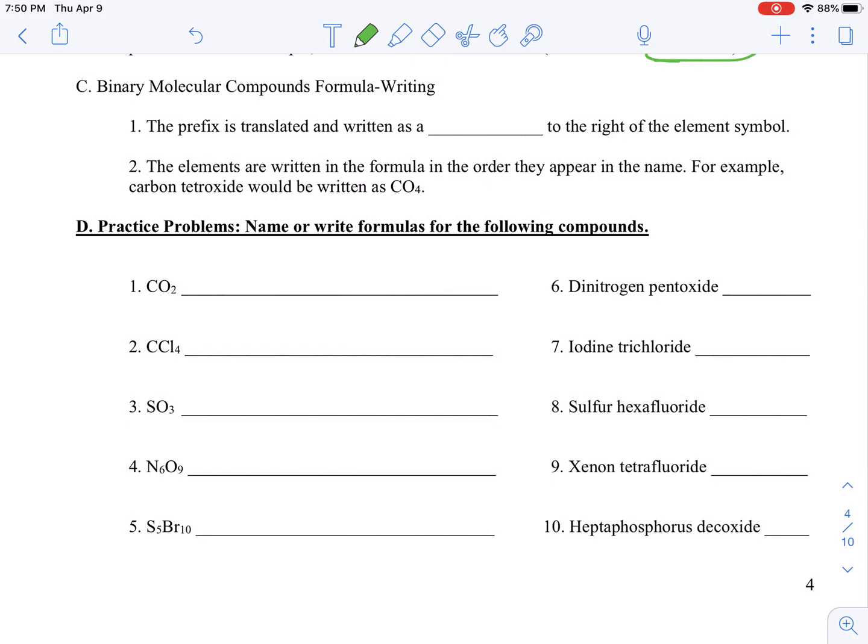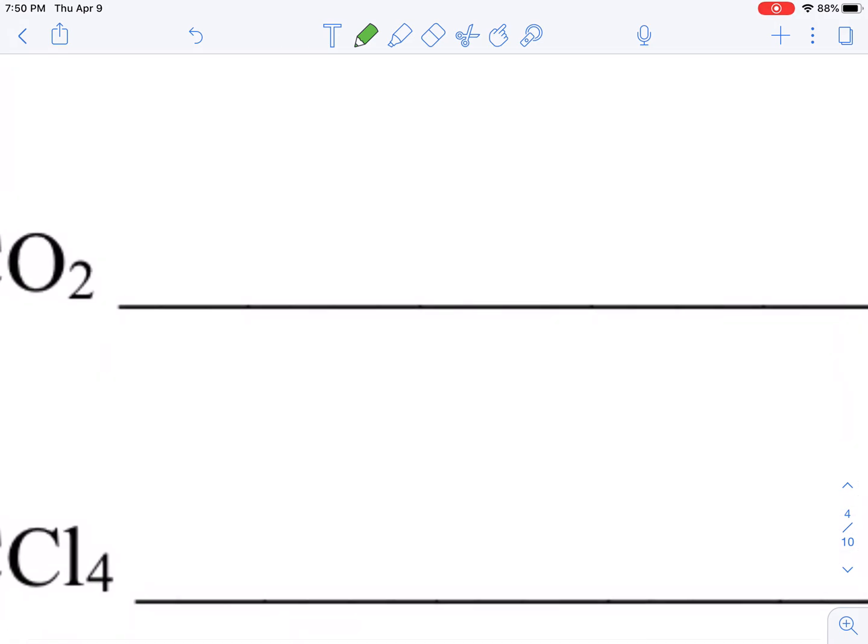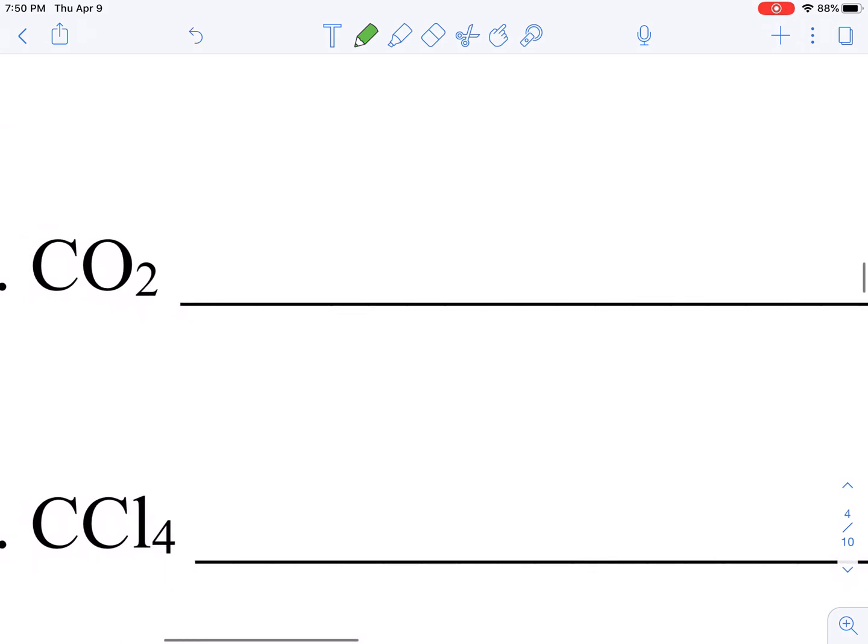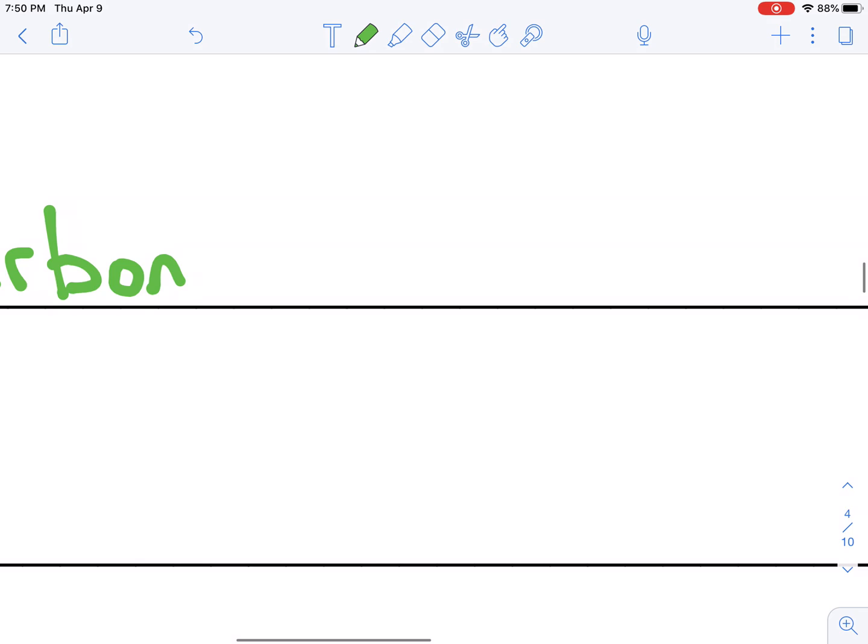So if you look down at number 1, what I mean by that is the order given is C then O. So we're going to write out the entire first name of the element, which we said was carbon. There's only one of those, and remember we don't use the prefix mono on the first element. And then we're going to take two oxygens, so we'll change oxygen to oxide, but there are two of them, so we're going to call it dioxide.